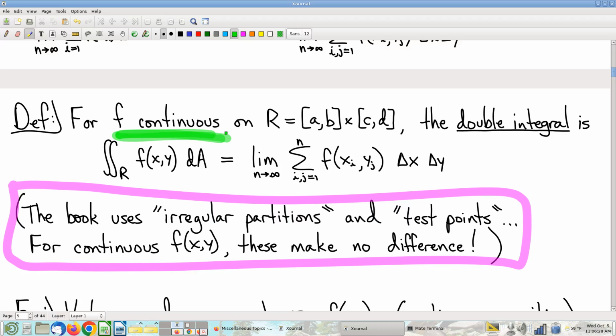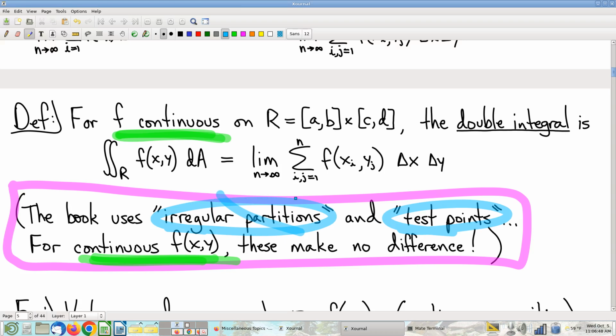And for continuous functions, all that extra stuff that the book does doesn't make any difference at all. And so for the purposes of Math 219, we're going to ignore all that stuff. In particular, the book spends a little time talking about irregular partitions and test points, and just don't even worry about that at all. You're excused. You don't need to. We're not going to mess with that.